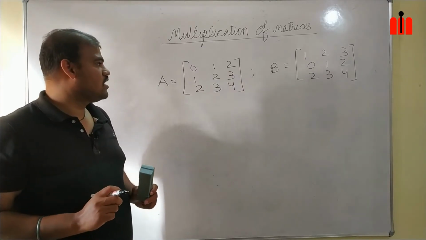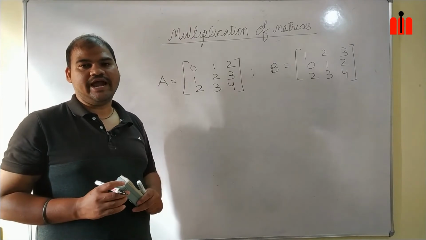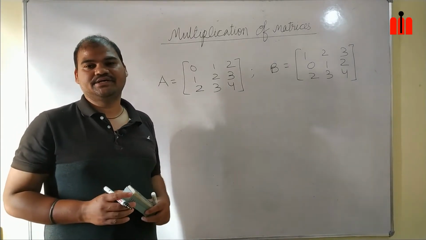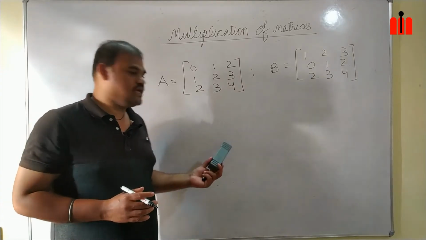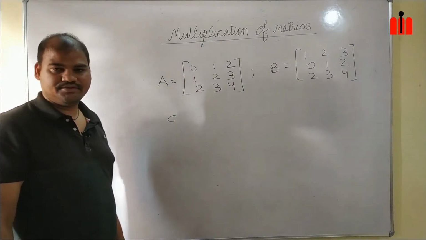Now, once you have done the multiplication, now you have to add the elements. How to add the elements and how to write the matrix is here. Suppose C matrix you have to write.